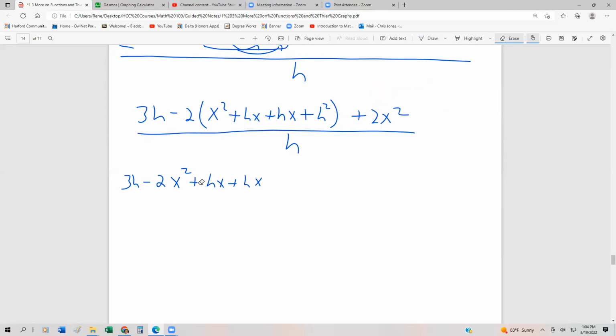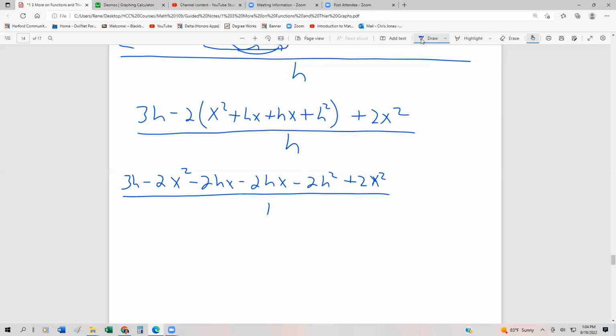I forgot to distribute the 2 to those, so go back. That's going to be minus 2hx, minus another 2hx, minus 2h squared, and then we still have that 2x squared that was lingering from the f of x at the beginning, divided by h. We notice that there's opposites of the 2x squared, so they cancel out.